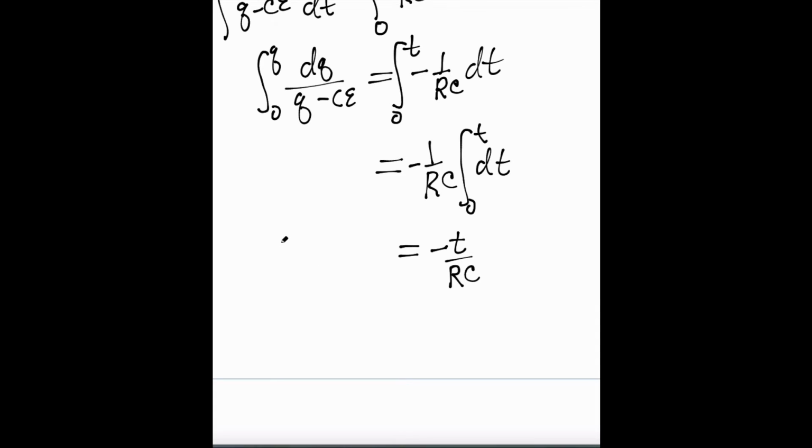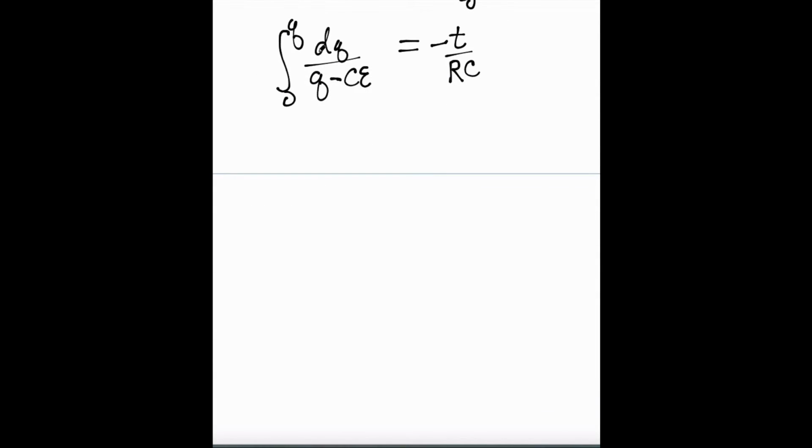And the left-hand side, which I'll rewrite here for convenience, is the integral from 0 to some charge q less than the max, of dq over q minus c times e. By the way, this is just the maximum charge. This looks almost like a natural log sort of integral, and we don't want to mess it up. So we've got dq over q minus ce, and you can write that as the natural log of q minus ce, with limits from charge 0 to some charge q.